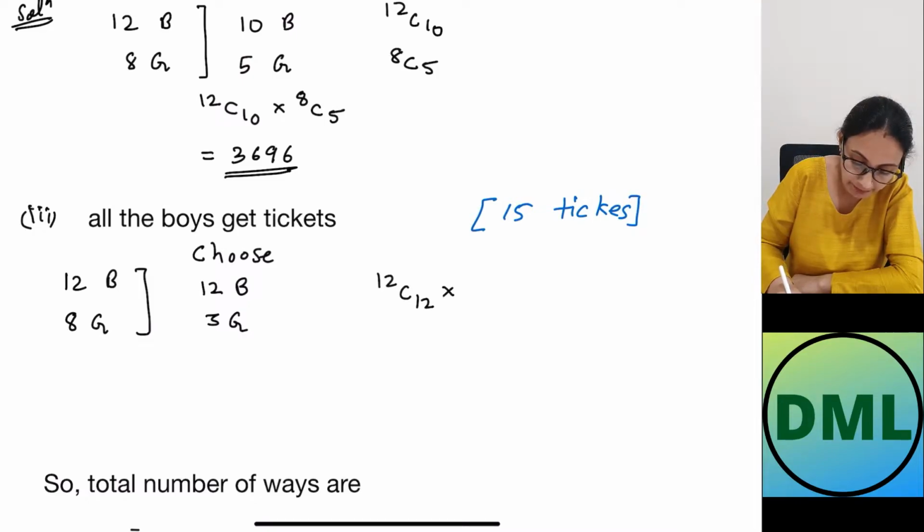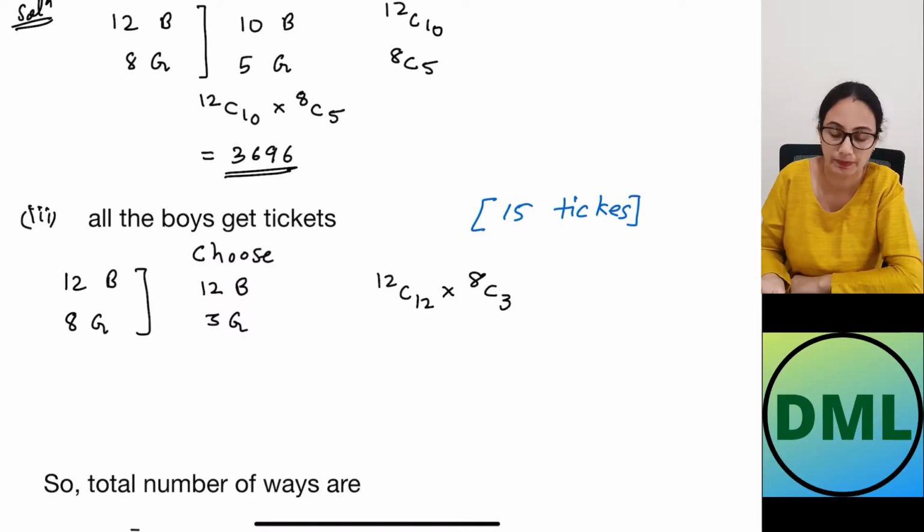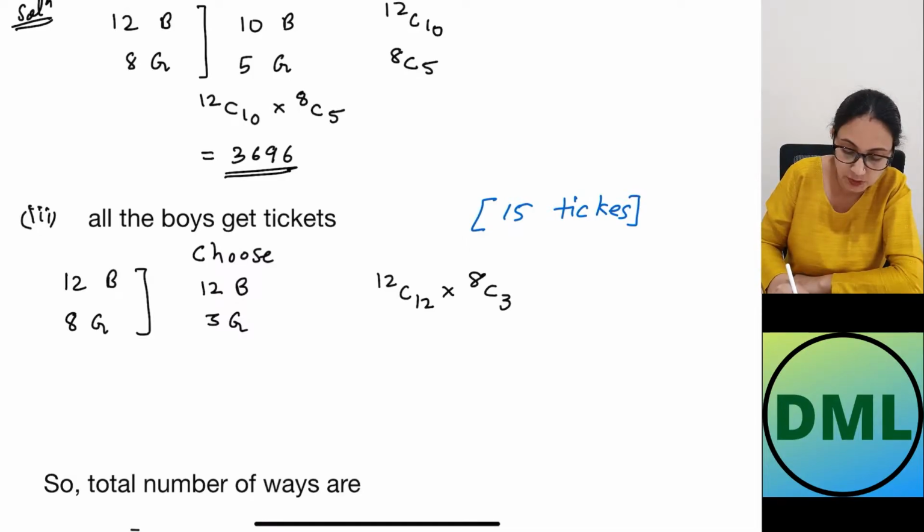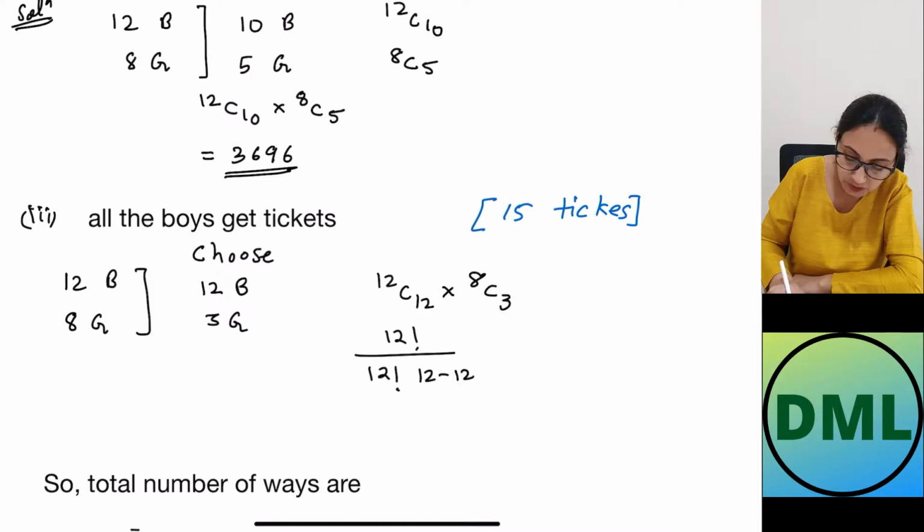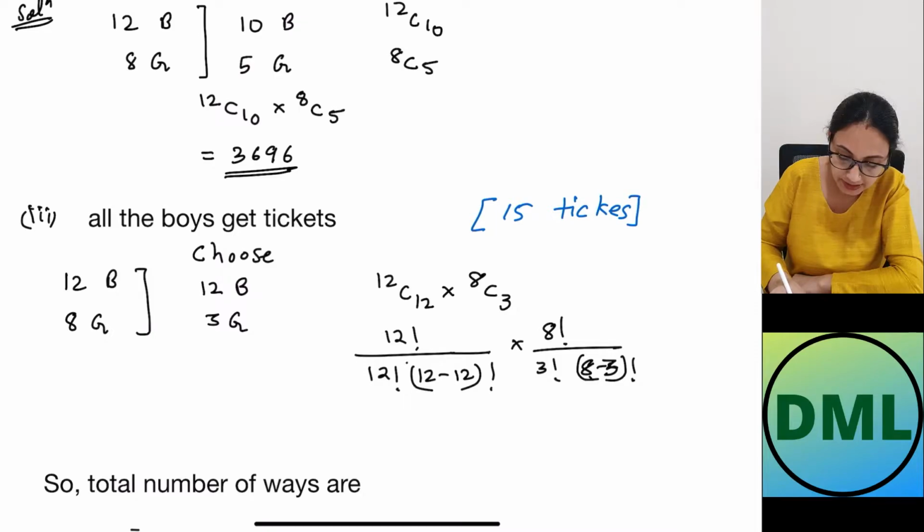12C12 multiplied by 8C3, because we are doing it together, so we have to multiply our answers. So 12C12 can be written as factorial 12 over factorial 12 times factorial 12 minus 12, multiplied by 8 factorial over 3 factorial times 8 minus 3 factorial. Now here, you can see that 12 factorial gets cancelled with 12 factorial, and you are left with 1 over 0 factorial.